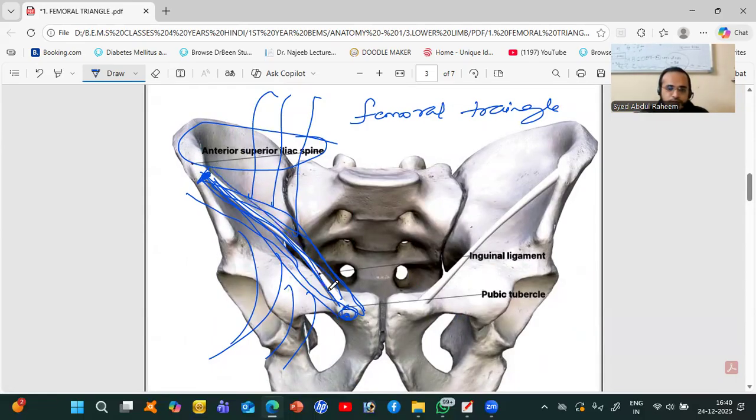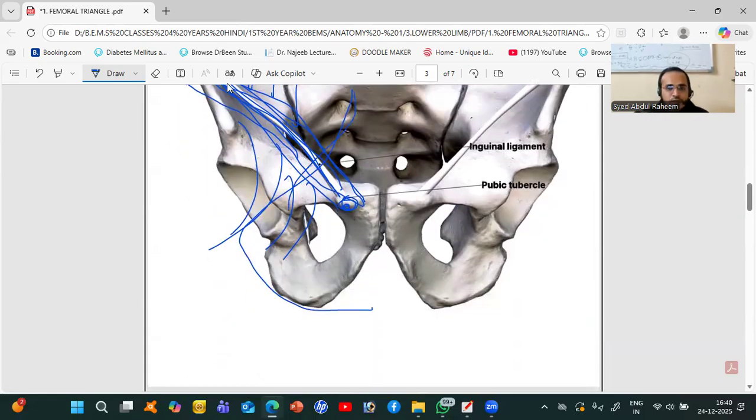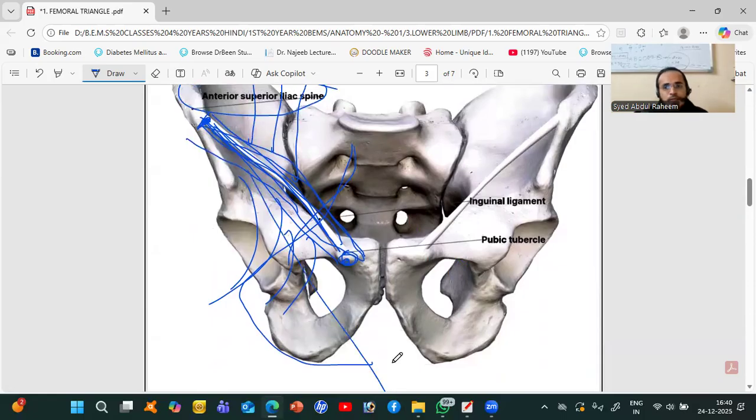This is the base, inguinal ligament. Sartorius is coming from here, and adductor longus is coming from here. So this is the area where you will be able to see the femoral triangle.